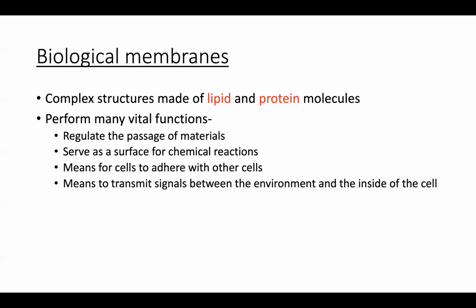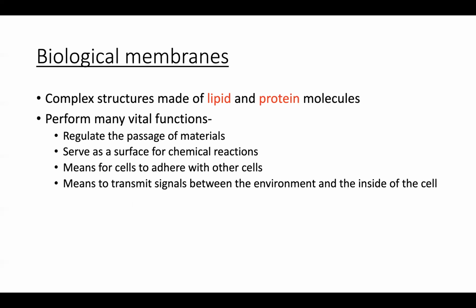Another important job of the biological membrane is to serve as a surface for chemical reactions, right? So we know that there are a number of reactions going on within living organisms constantly, and the membrane can serve as a surface for these chemical reactions to take place. We know that cells interact and adhere to other cells in order to form tissues and more specialized structures. So again, this plasma membrane is going to serve as a means for cells to adhere with other cells.